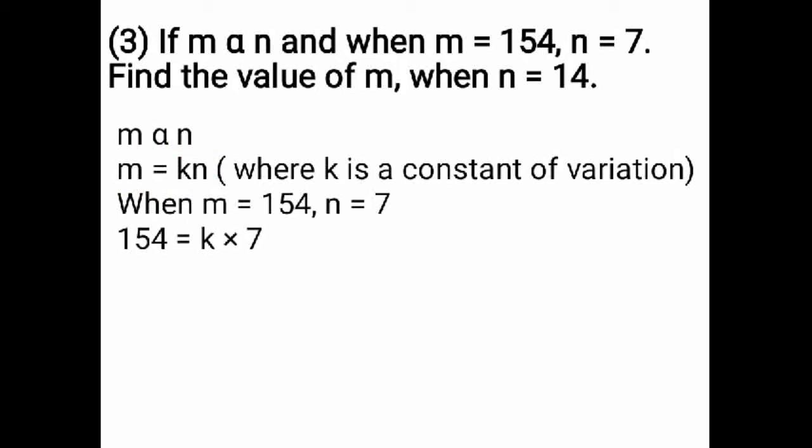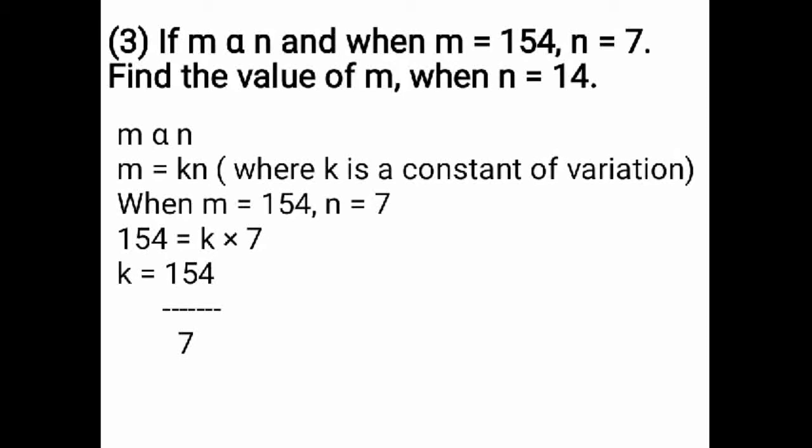154 is equal to k into 7. I have substituted the value of m what is given. In place of m, I wrote 154. K you have to write as it is because you have to find the value of k. In place of n, I wrote 7. I have substituted the value of n. K is equal to 154 upon 7.